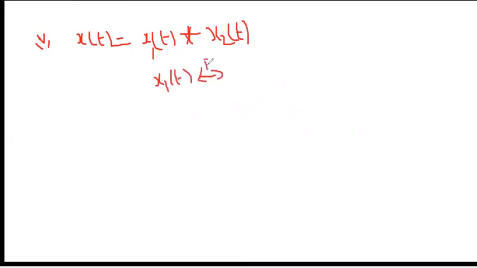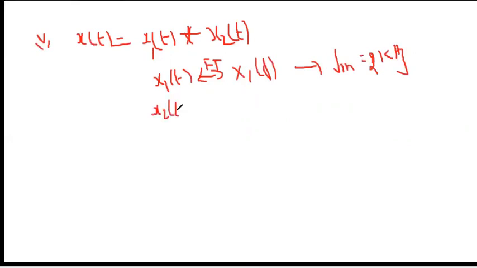The x1 of t, the Fourier transformation is x1 of f. The maximum frequency of 2 kilohertz is given. And x2 of t, the Fourier transformation is x2 of f.